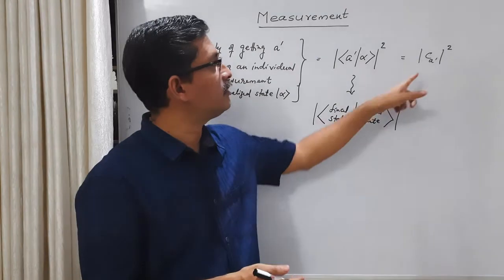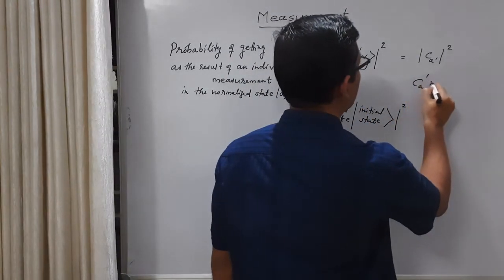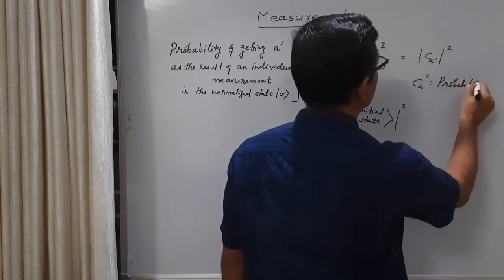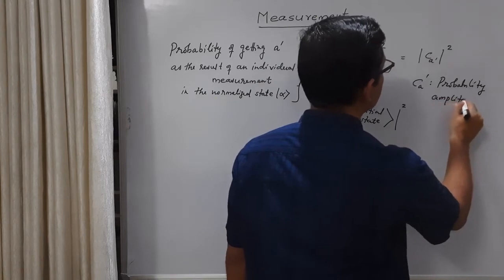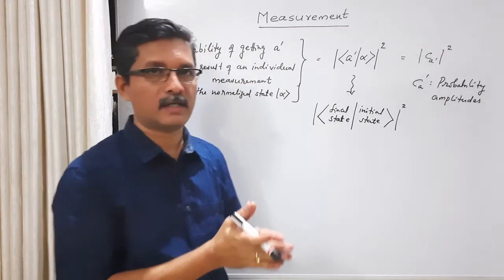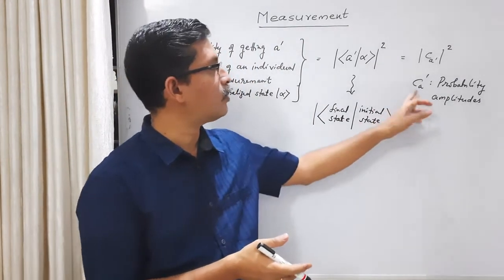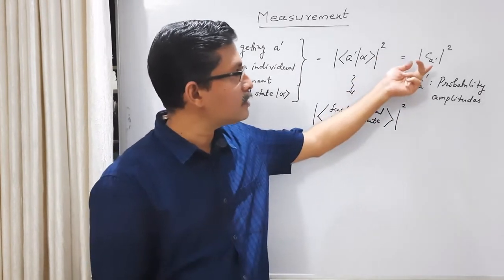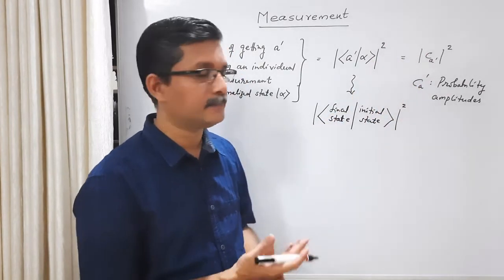Because of this reason, these C A prime are also called probability amplitudes: the expansion coefficients in the expansion of a general ket in terms of the eigenkets. The reason is that the square of these expansion coefficients gives you the probability.